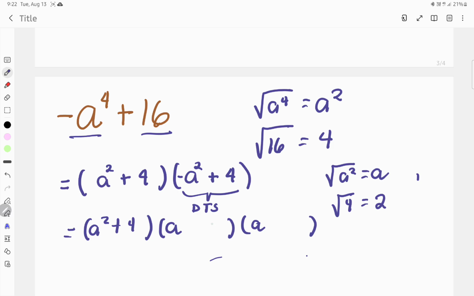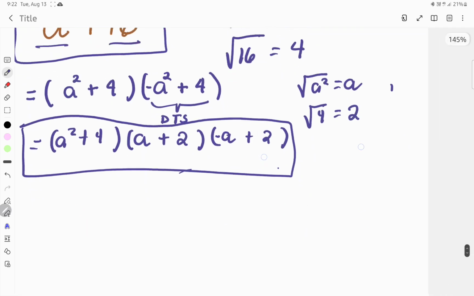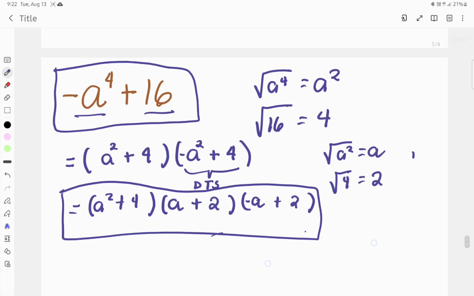And then for the 4, we have 2 and another 2 here. Then this would be both plus, and the variable would be a. And this is now the complete answer for factoring negative a to the 4th plus 16. And I think that is now the lesson for the difference of two squares.